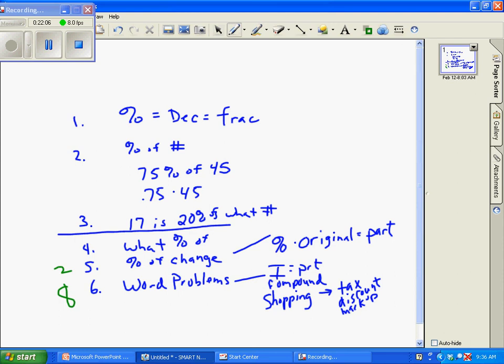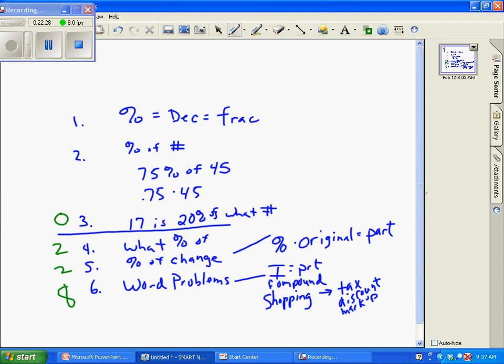Okay. What percent of? That's where I say find the percent for topic 4. How many need help with that? Okay. All right. 17 is 20% of what number? How many said they have trouble with that? Oh, good. I like that.